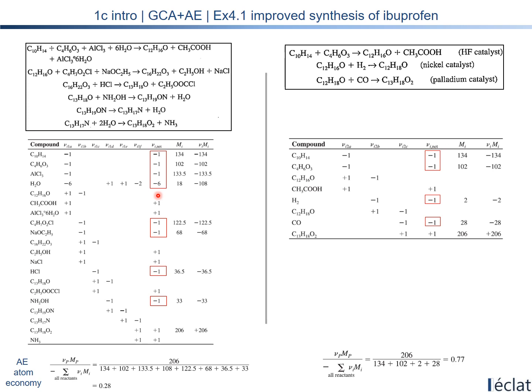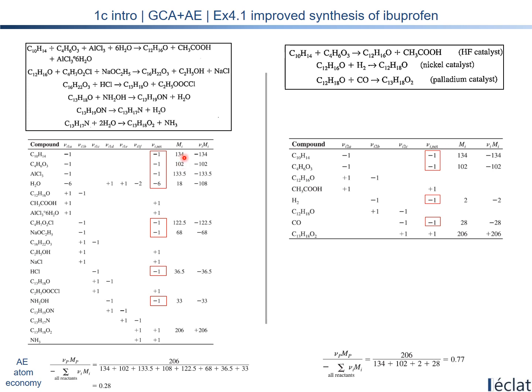So it means C12H16O is the intermediate, and it cannot be found in the final product. The other column is about the information of molecular weight, because atom economy or AE is based on the mass of product and also the mass of the reactant.